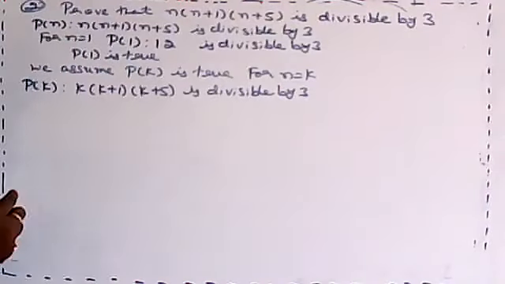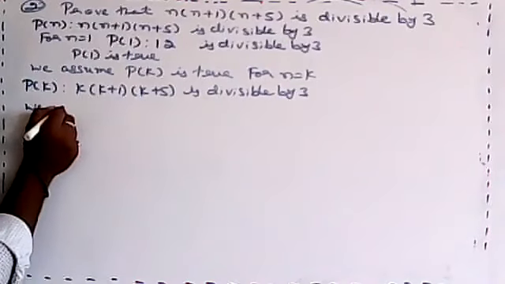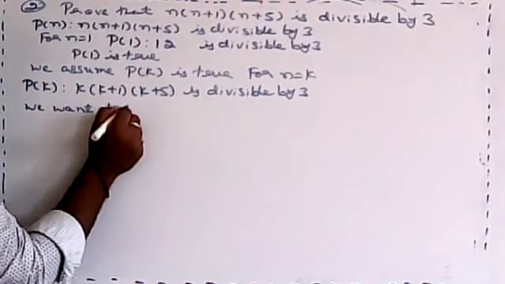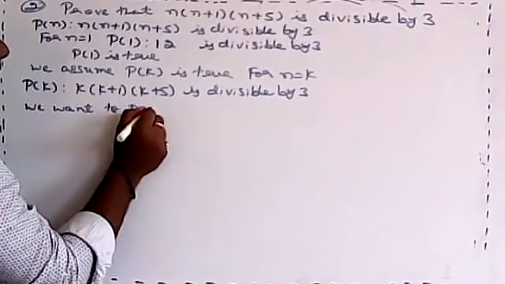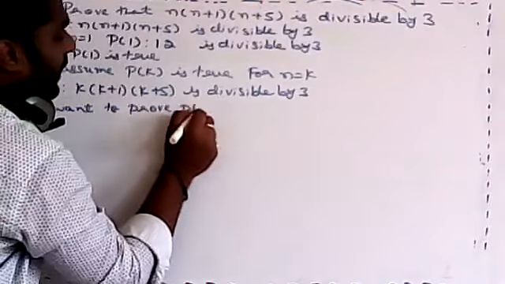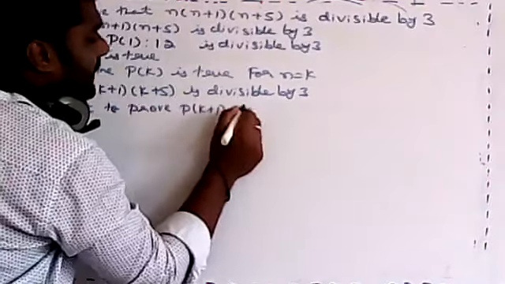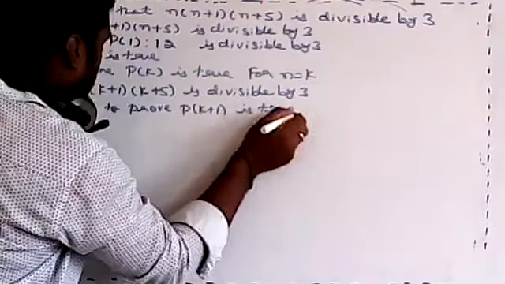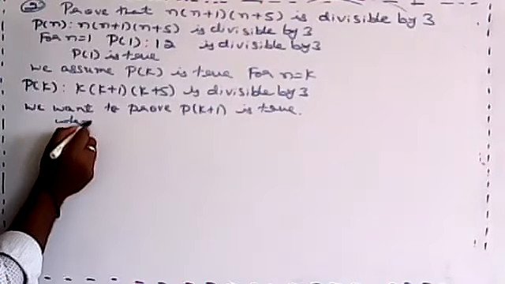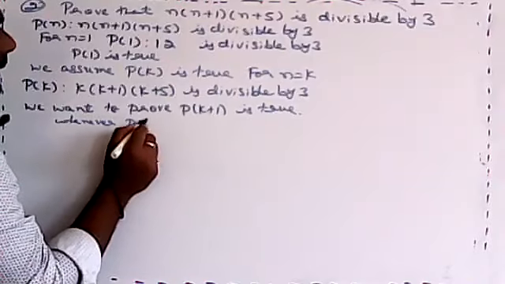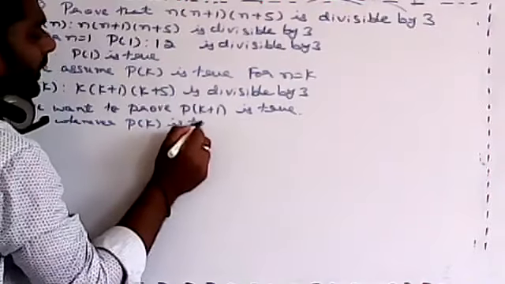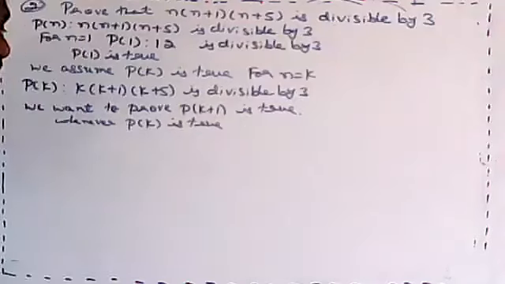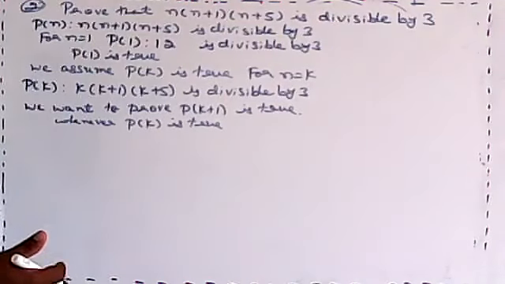Okay, and the last one we want to prove that p of k plus 1 is true whenever p of k is true. But what we have to show is that it is divisible by 3. Remember, it means into 3 it should be.